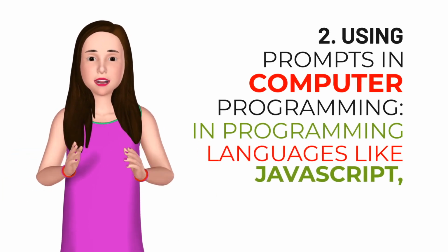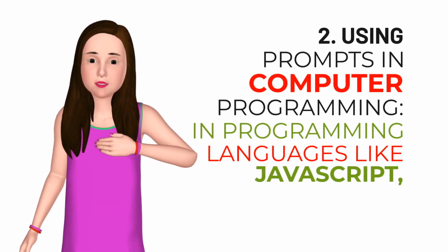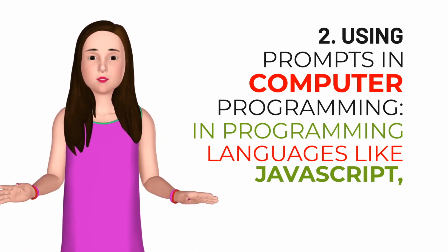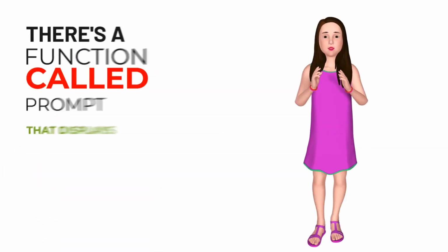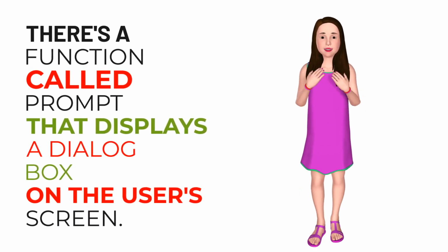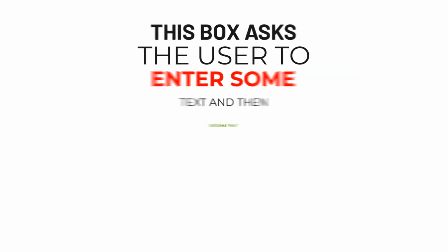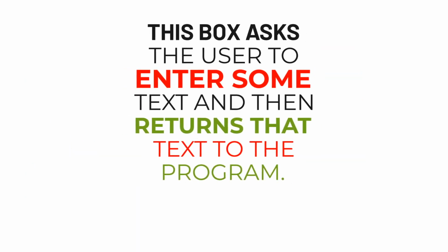2. Using prompts in computer programming. In programming languages like JavaScript, there's a function called prompt that displays a dialog box on the user's screen. This box asks the user to enter some text and then returns that text to the program.